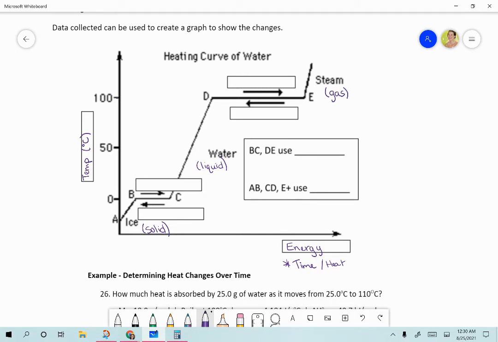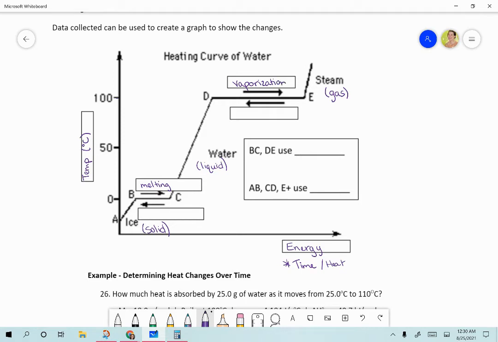So we have our three different states of matter represented. We also have phase changes. As we move from B to C, that's where I'm going from a solid to a liquid. So I have melting. And as I move from D to E, that is where I would have vaporization.